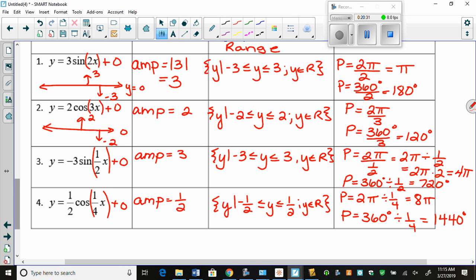Your homework for now is this. Page 233. If it says sketch a graph, don't worry about that for now. We're going to deal with sketching later. So I just want you to answer everything but the sketching.